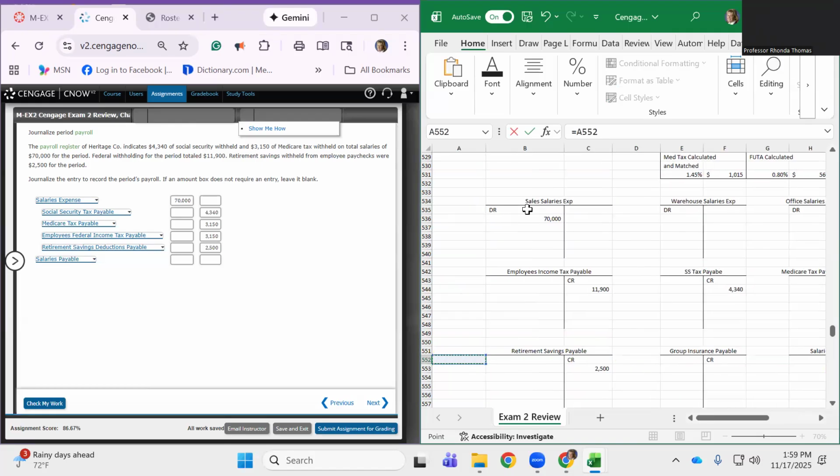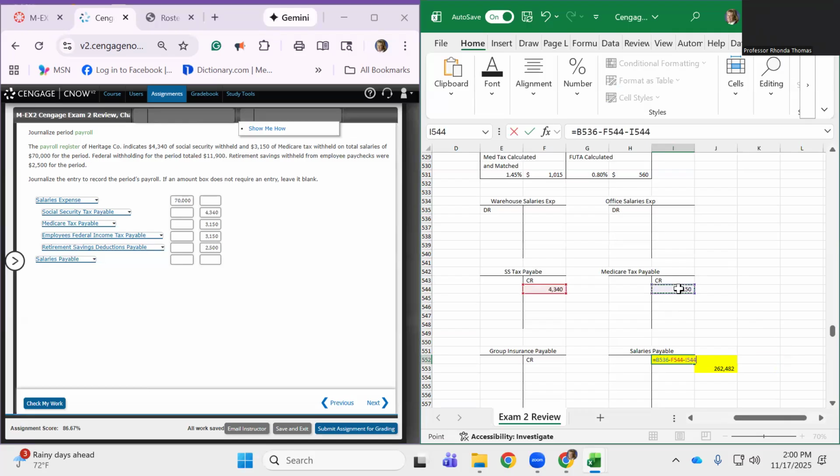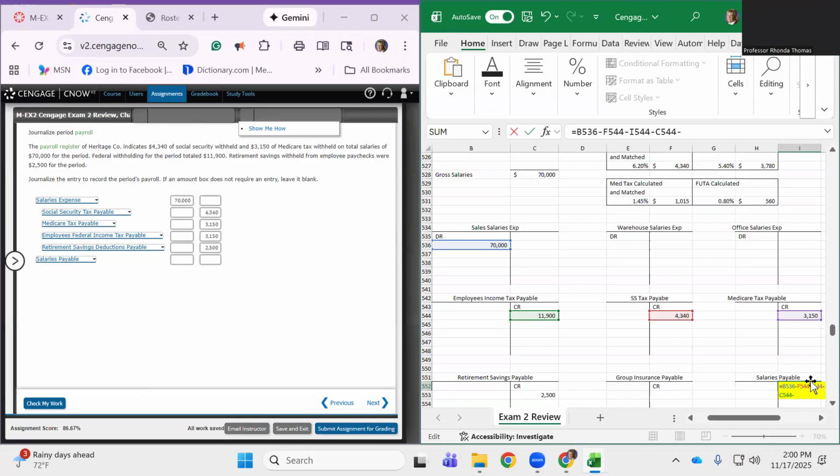So we're going to start up here with the 70,000 and subtract the Social Security, the Medicare, the federal income tax withholding. Okay, we're not quite done yet. And then minus, another minus. There it is. So once again, this is the plug number that it takes.